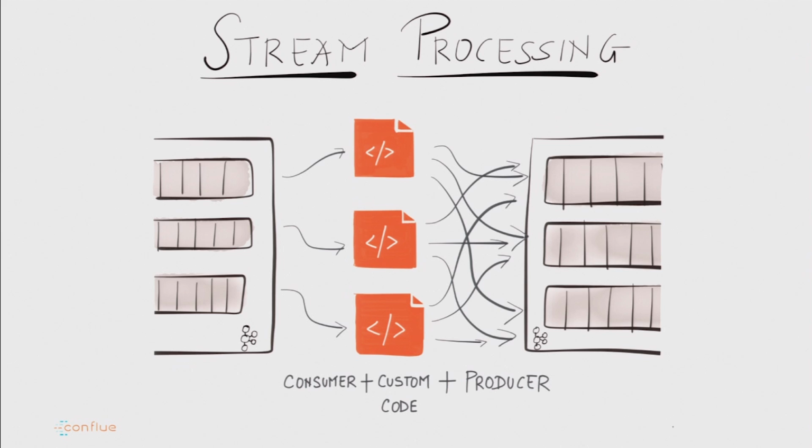Given all of these primitives that Kafka provides and that stream processing frameworks can take advantage of, I want to revisit an idea that we looked at earlier, which was, what if we just had stream processing as a simple consumer, a little bit of custom code, and then a producer to output results, and the producer could be to any system, not just Kafka.